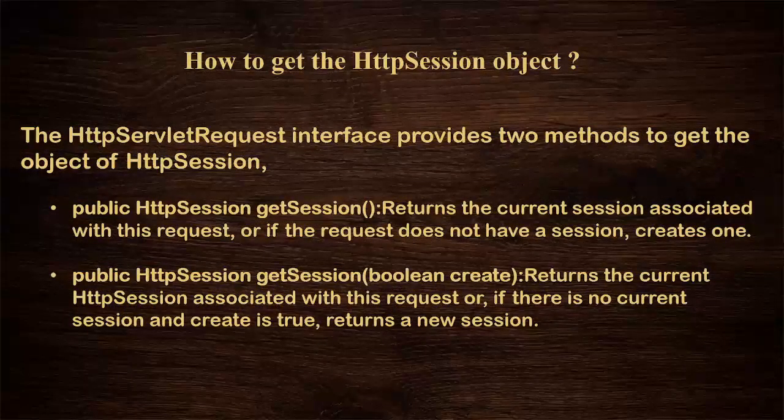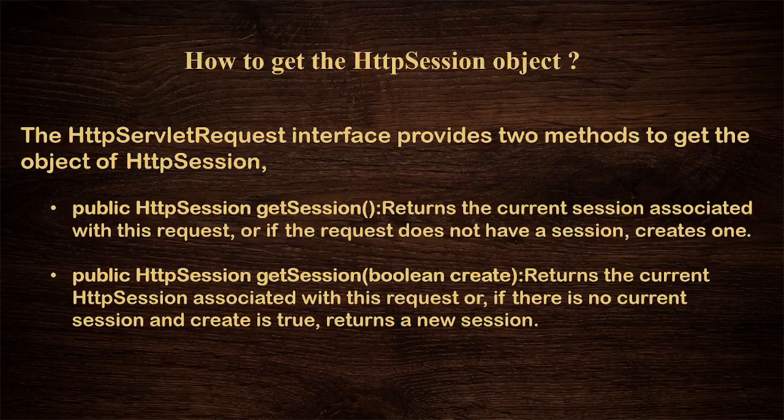How to get the HttpSession object? The HttpServletRequest interface provides two methods to get the object of HttpSession. First, public HttpSession getSession(): returns the current session associated with this request, or if the request does not have a session, creates one.